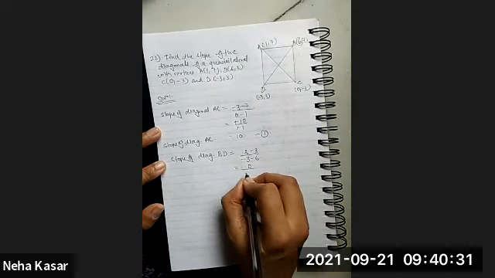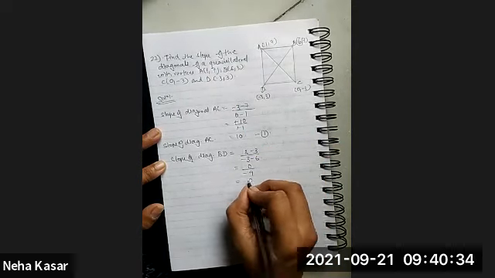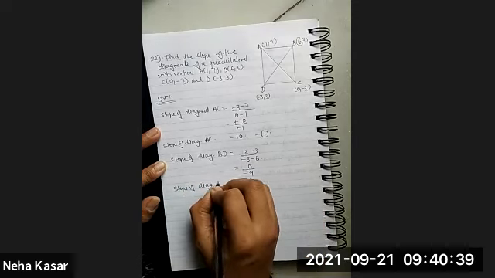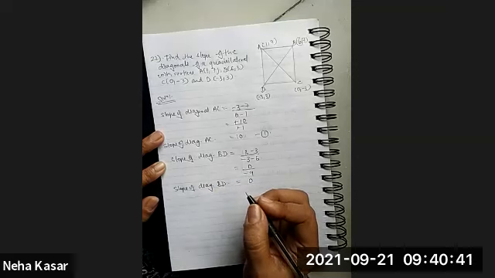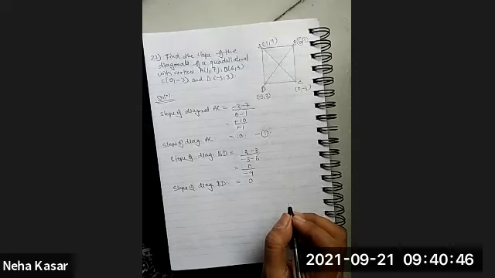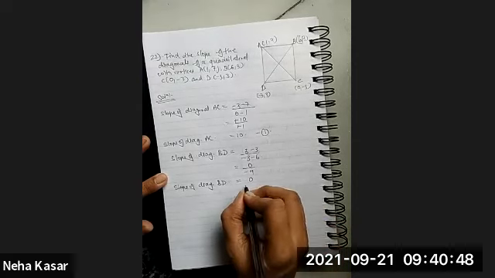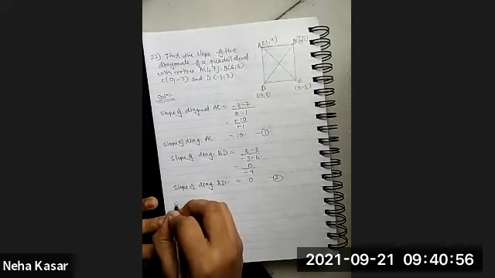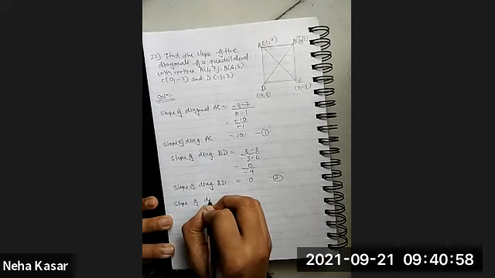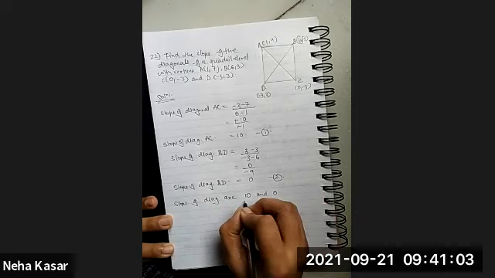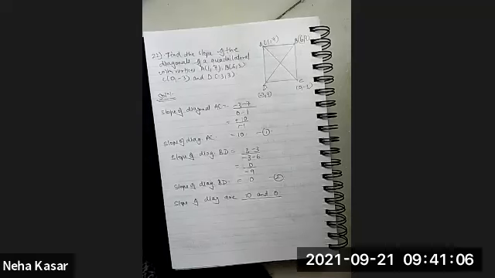So that will be 0 upon minus 9. So 0 upon any number is 0. Okay, we only had to find the slopes of the diagonals, so we found them. Slopes of the diagonals are 10 and 0.